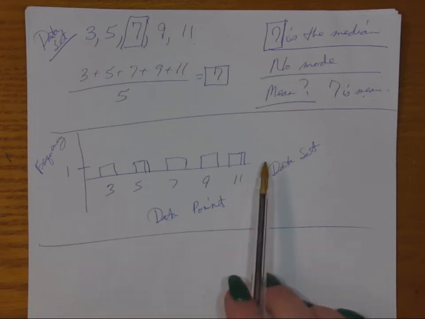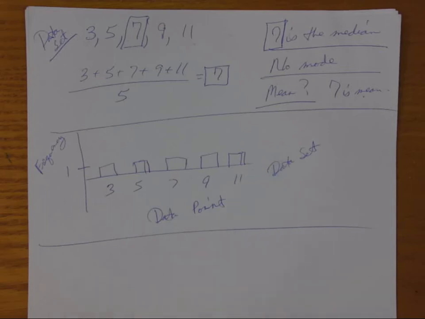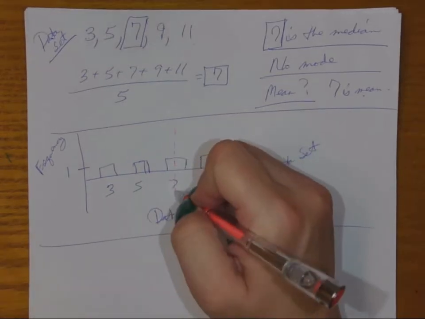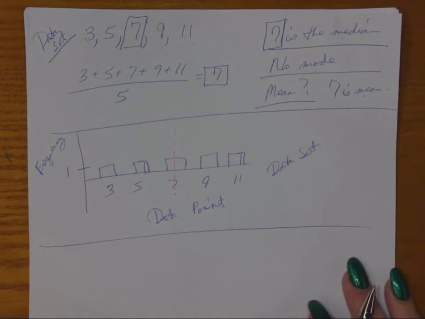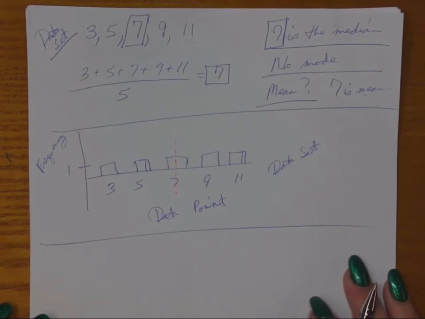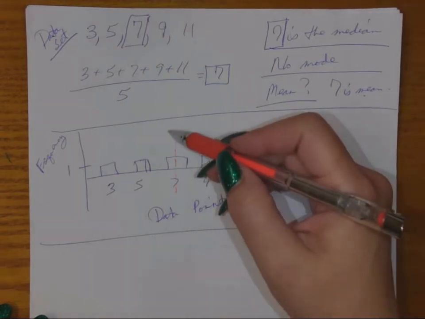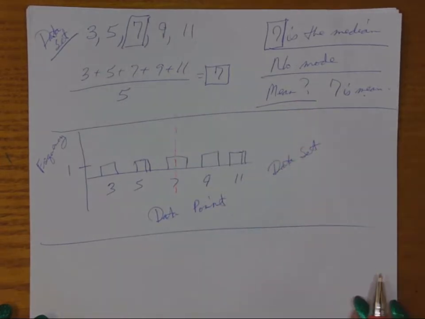So there's no mode, and you'll see it's not really very symmetric, right? So, well, maybe it is symmetric. Maybe I could just draw a line right there. It would be reflective, but it's not necessarily considered normal, because normal data would have the mode in the middle, and I just don't have it.